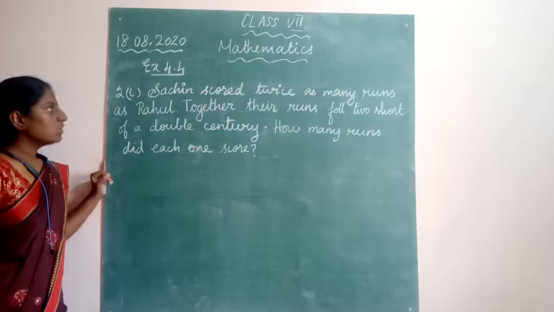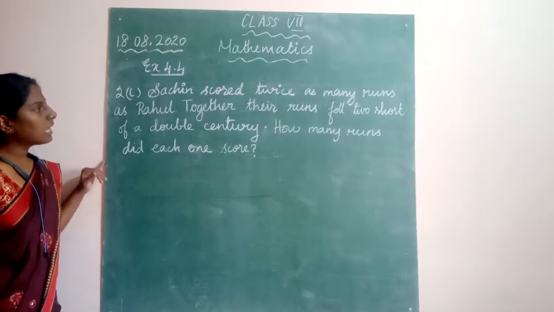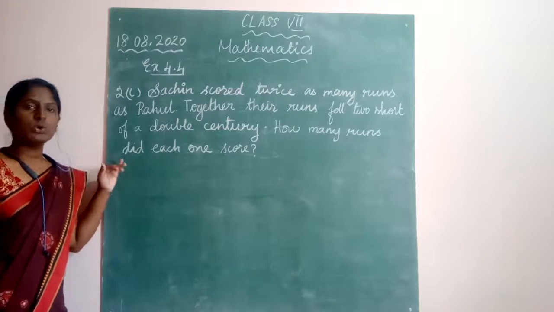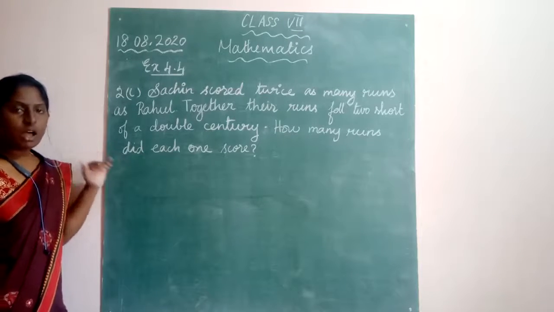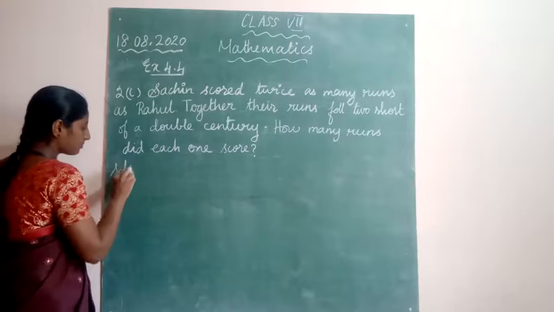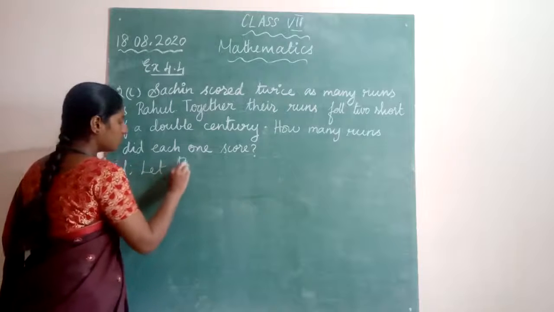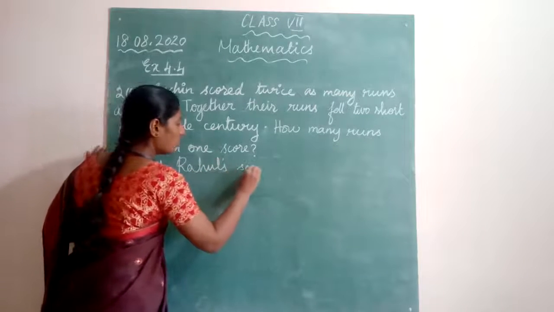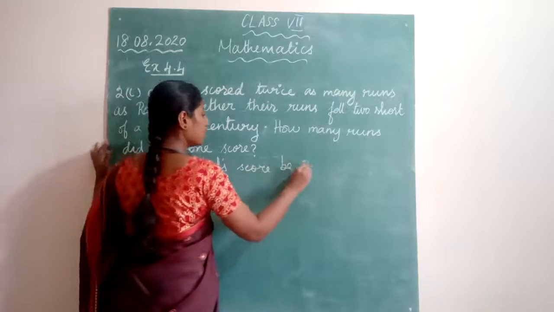Okay. So now Sachin's score is compared with Rahul's score. So we have to first keep Rahul's score as unknown. Okay. So write, let Rahul's score be x.